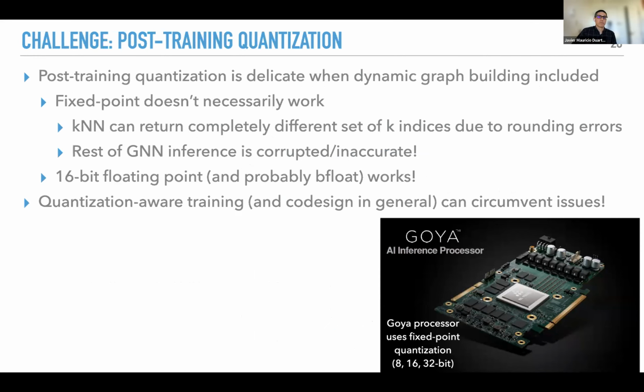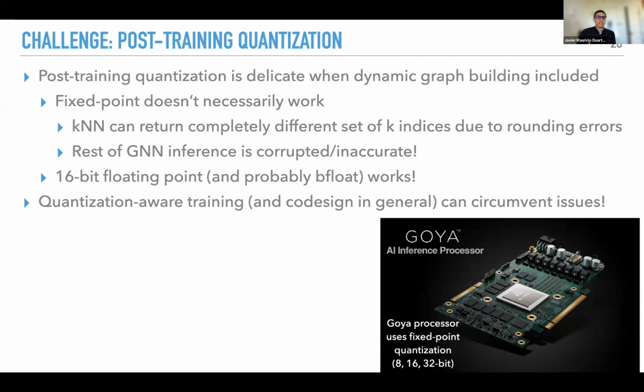But there are some delicate issues, which is that it's basically all post-training quantization. With this dynamic graph building step, you need to make sure you return the same indices for the k nearest neighbor step. If you quantize, it doesn't necessarily return the same indices due to rounding errors, truncation and overflow. And so the rest of the GNN inference is essentially corrupted or inaccurate.